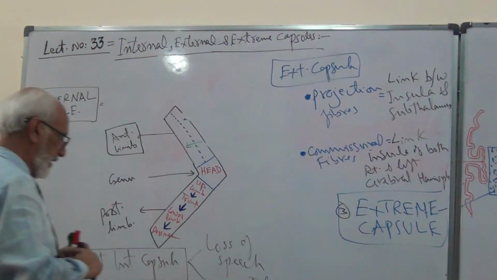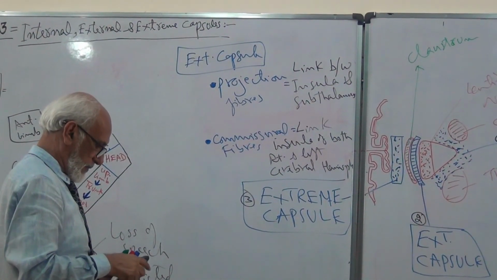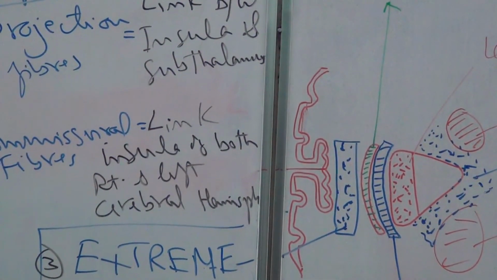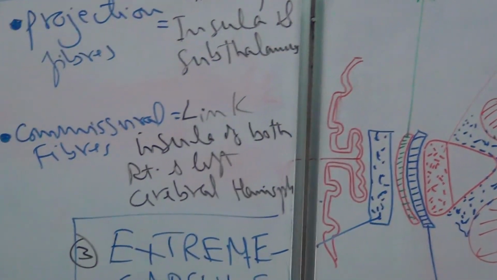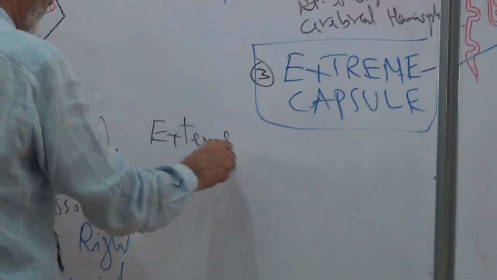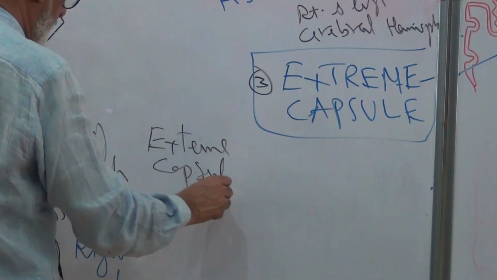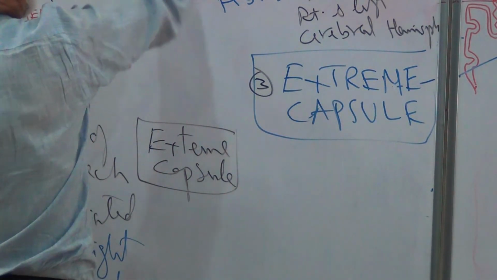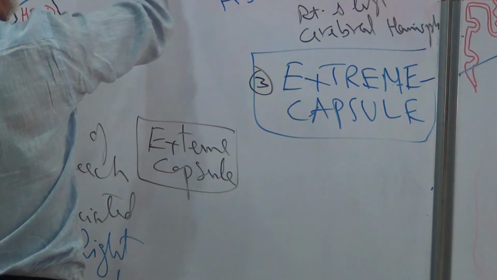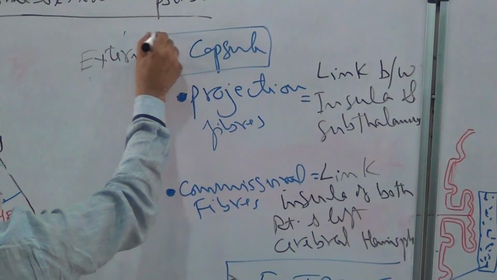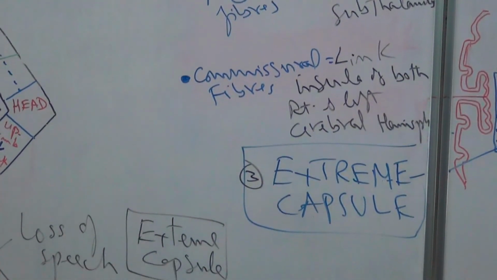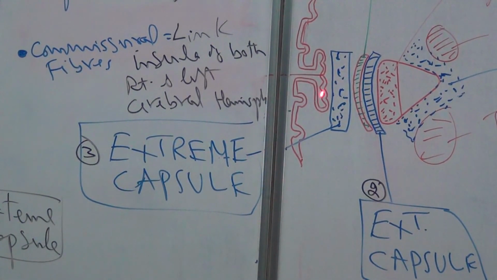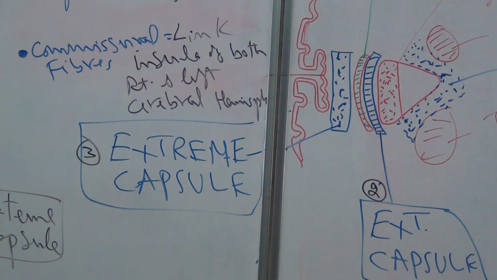Next is the extreme capsule, which is located between the claustrum and the gray matter of the insula.